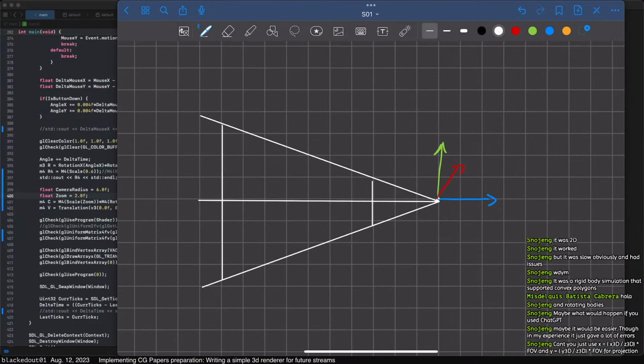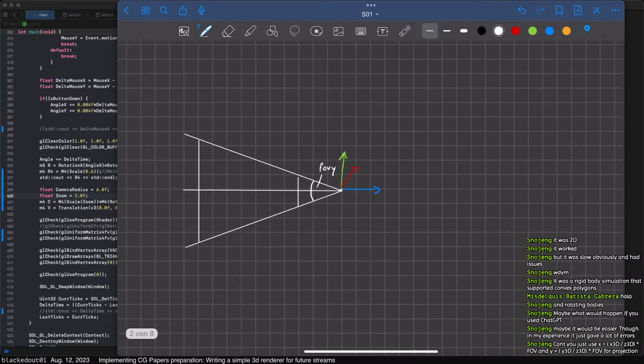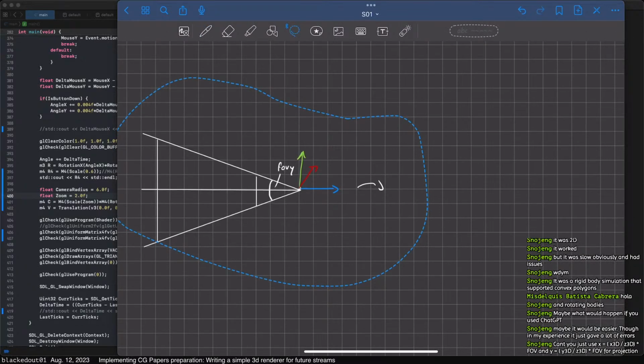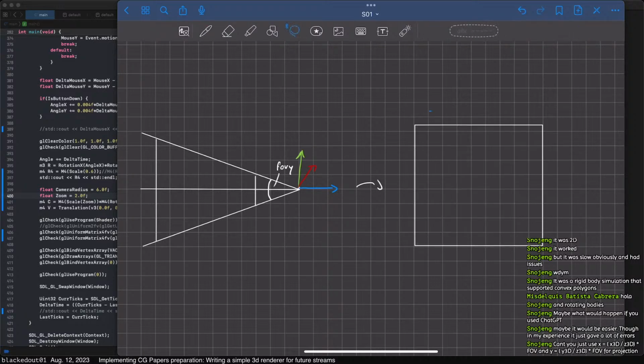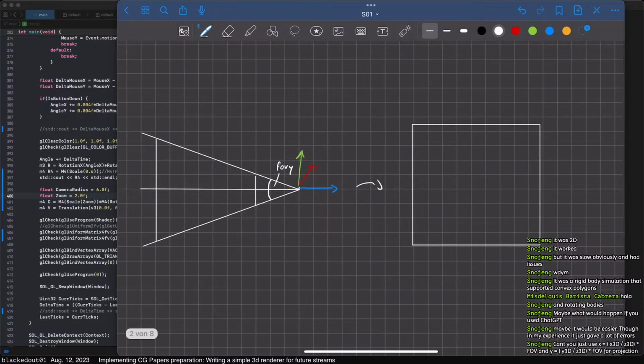So we have this angle given here. This is field of view y, and we want to convert this into the cube. I hope this is a cube. I'm not sure. Maybe this is a cube. And in the cube, we are looking from this direction here.